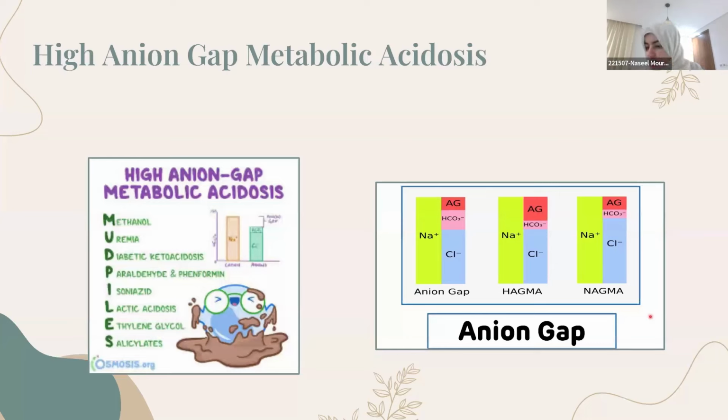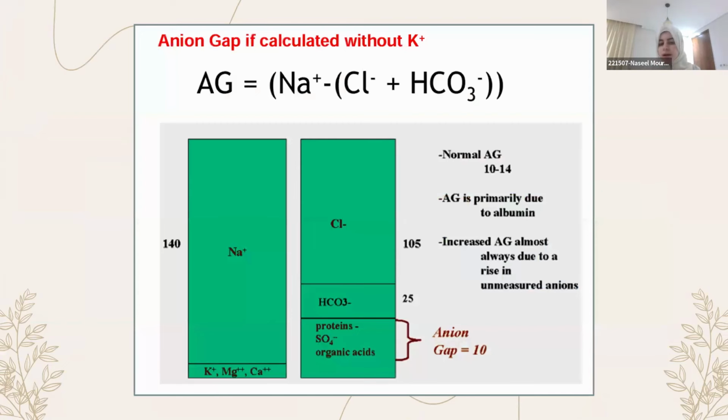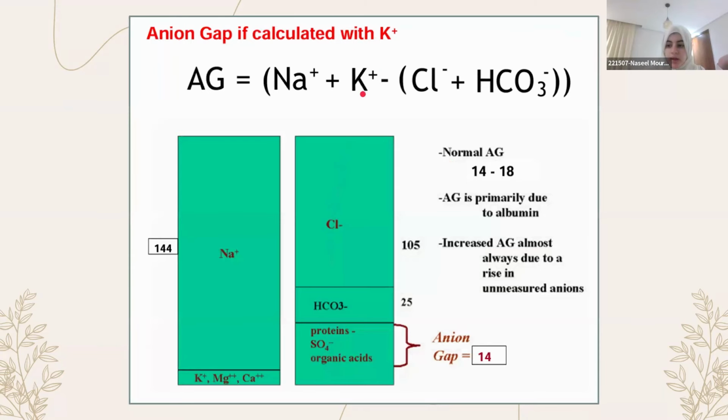Why did we subtract 4? Is it fixed? So the normal value of potassium is about 4. Here you see sodium is 140, chloride is 105, bicarbonate is 24, 25. So potassium is about 4. The actual range is 3.5 to 5, but we take the median value, which is 4. So if I'm calculating the anion gap with potassium, I said the normal anion gap is going to be 14 to 18.